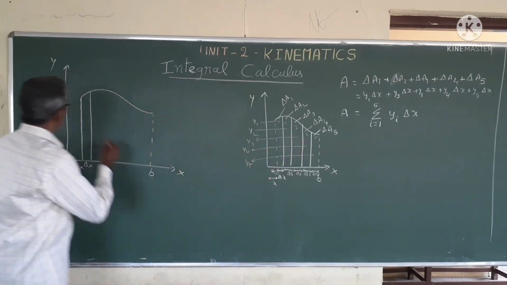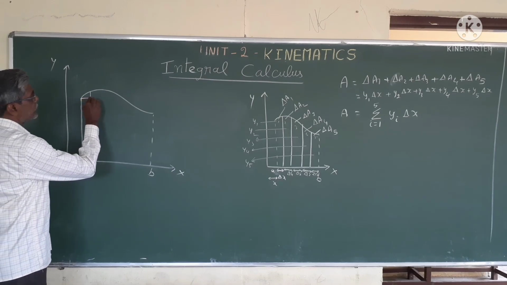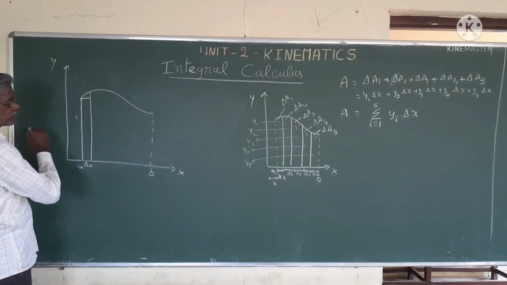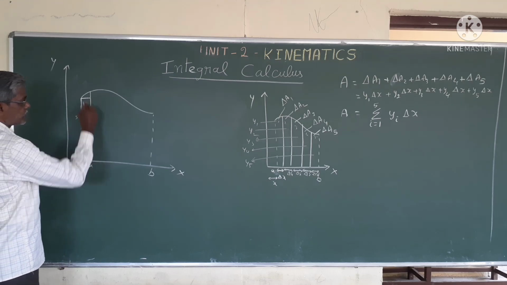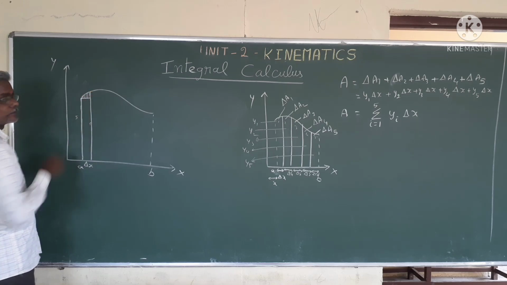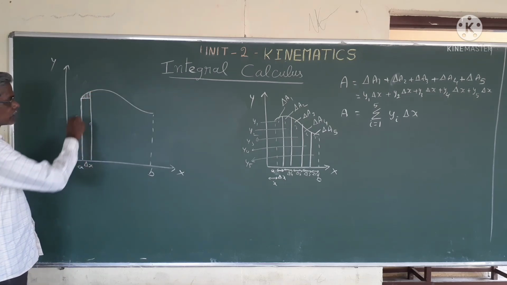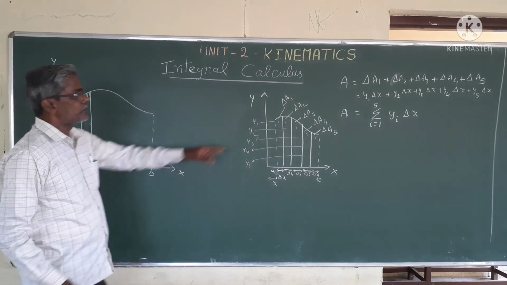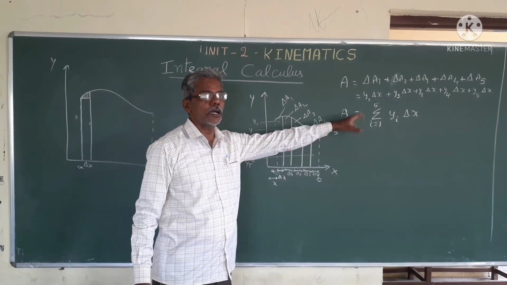Up to this point the length is equal. For example, if from here to this is 5 centimeters, then here also up to this it is 5 centimeters. Then what about this small area? We are calculating up to this, but we are not calculating this area, so we cannot get it accurately.